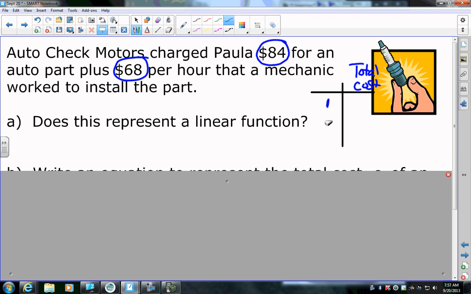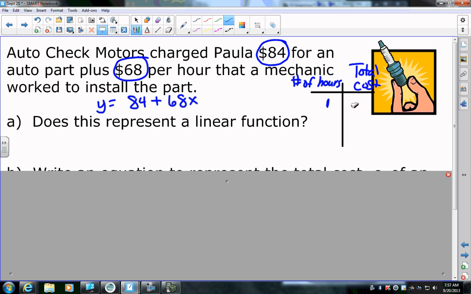The number of hours, because it depends on how hard it is to put that part in. Okay? So my X is my number of hours. So when my equation Y equals, I have to pay the 84 for the part, plus I have to pay $68 per hour. X is the number of hours.